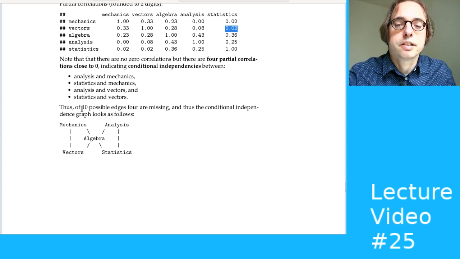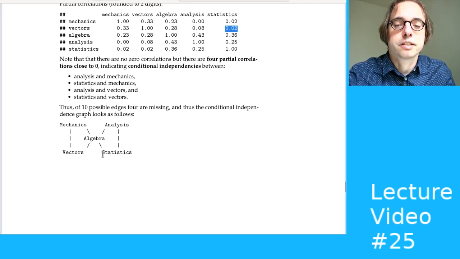So for 5 subjects or 5 nodes, there can be at most 10 edges, and 4 of them are actually missing. The conditional independence graph, taking account of all these missing edges, looks like this.